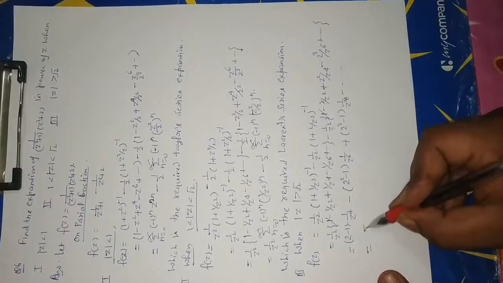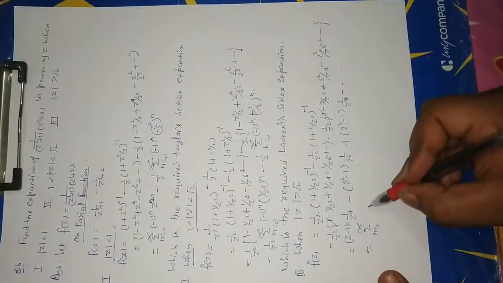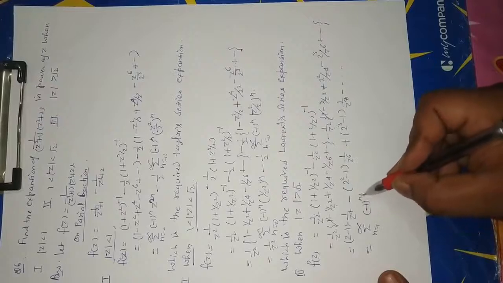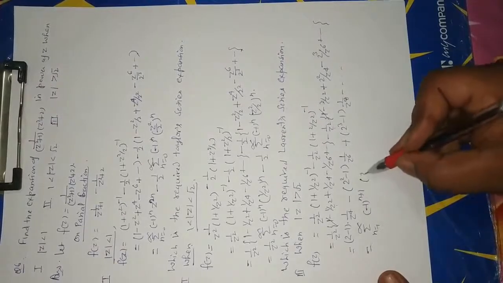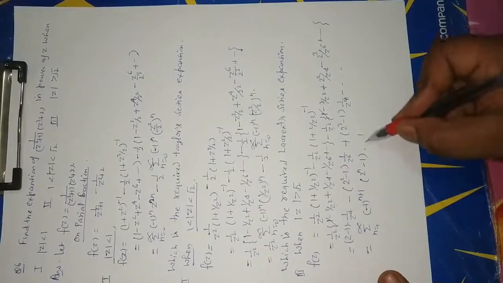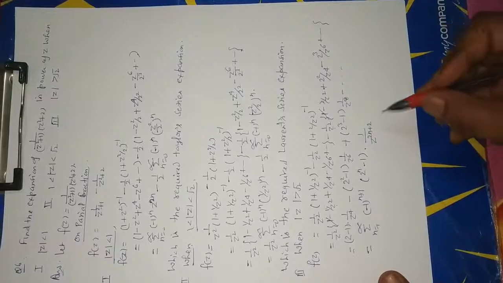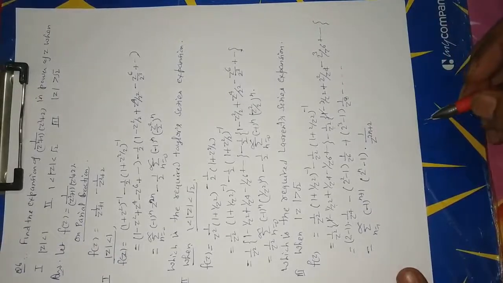This is equal to summation n is equal to 1 to infinity, minus 1 to the power n plus 1, (2 to the power n minus 1) into 1 upon z to the power 2n plus 2. Okay, student?